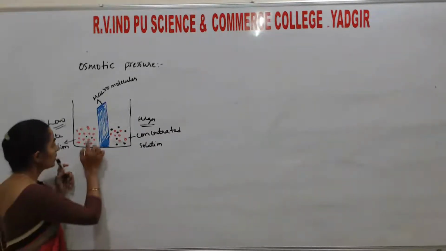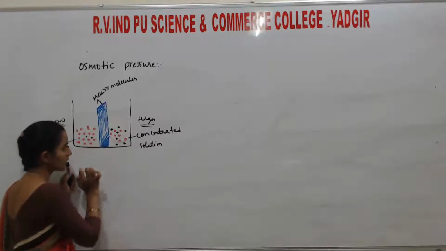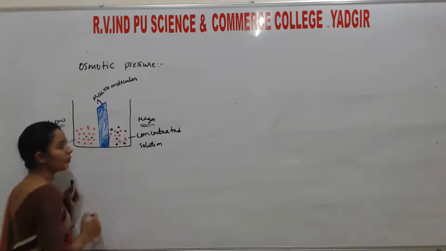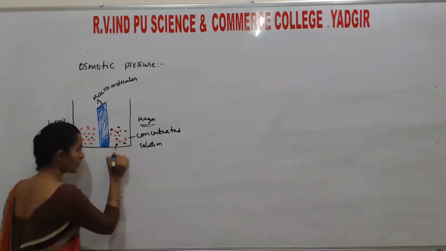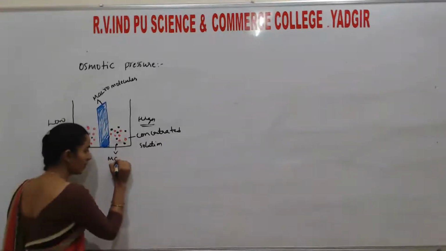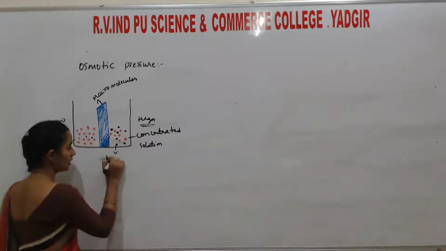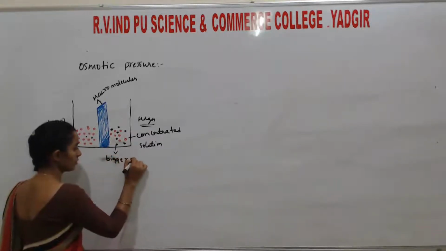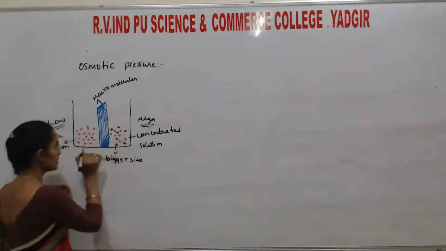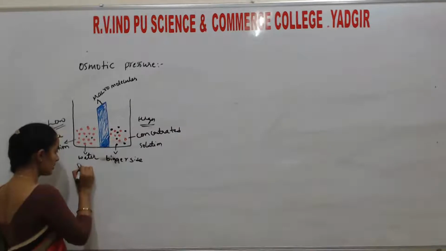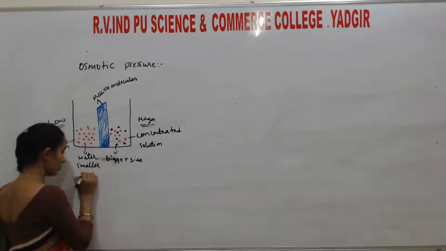Here the solvent concentration is low and the solute particles are more. As I told you, solute particles are non-volatile or maybe solid, bigger size molecules. This solvent is water, a smaller molecule.